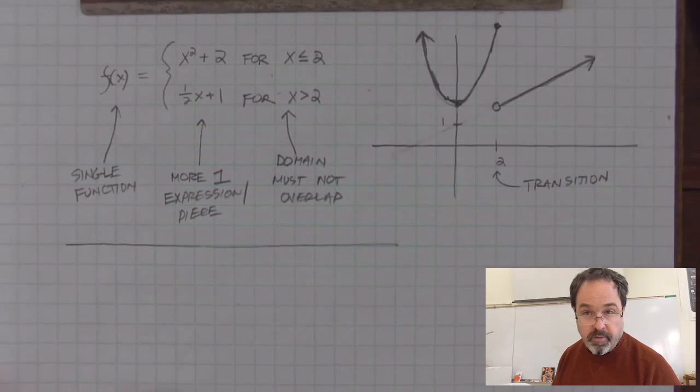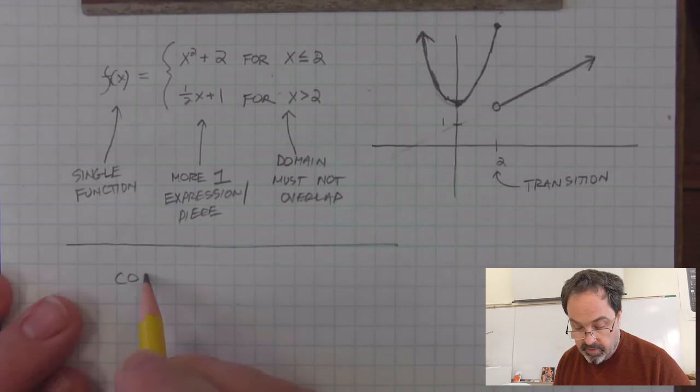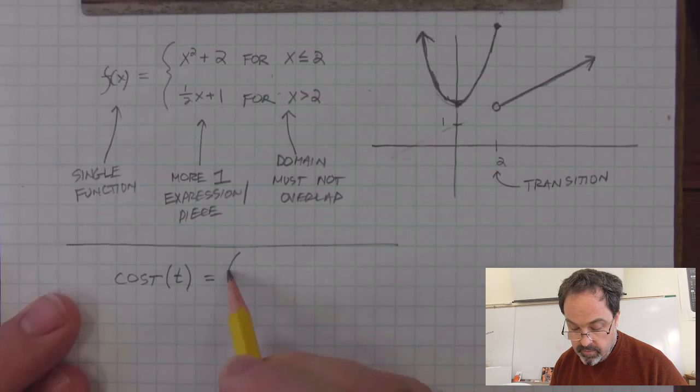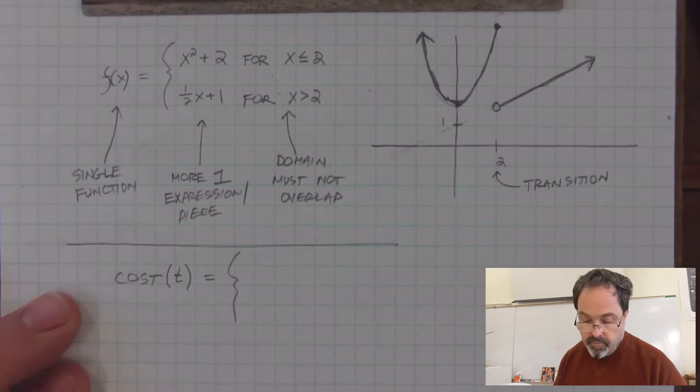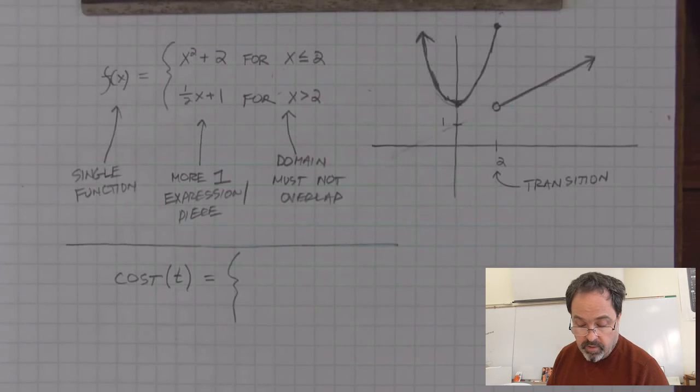Let's provide another example. I'm going to think of a cost function as a function of t, maybe for time. Think of something, maybe a rental of a tool. The first 8 hours costs a lower rate, but if you're going to use it for more time, it's going to become more expensive.